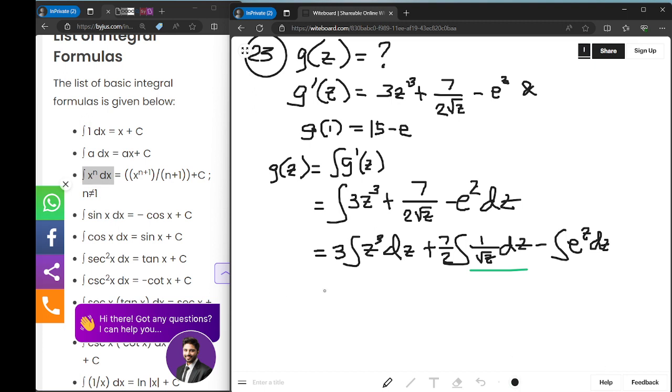So let's just rewrite it here. You have z cubed dz plus 7 over 2 times the integral of z to, what's that? Square root means z to the power of 1/2.